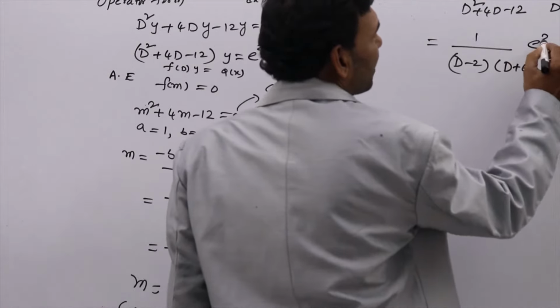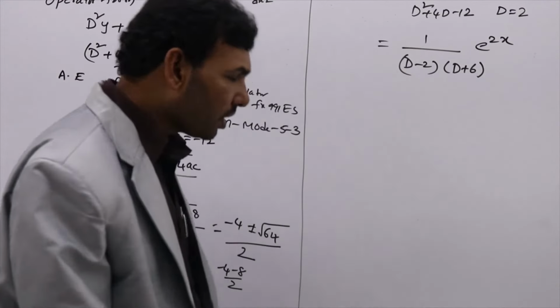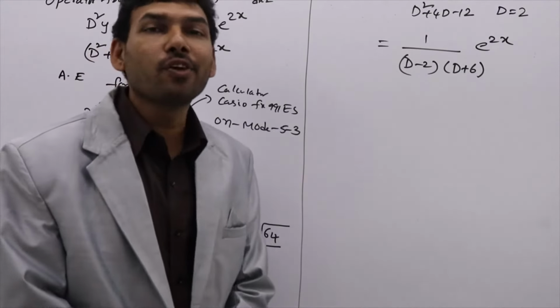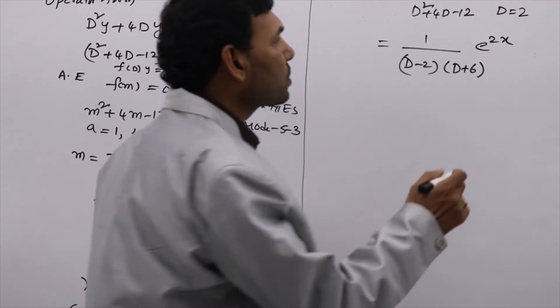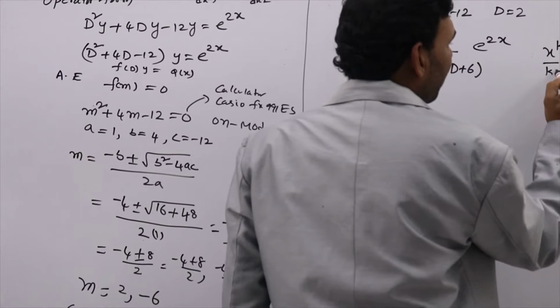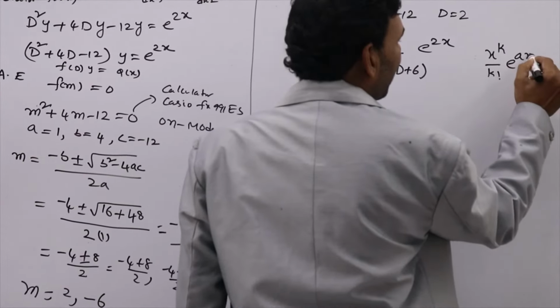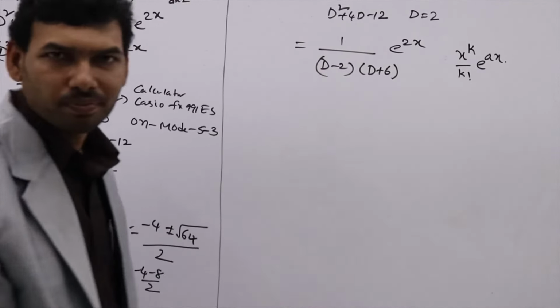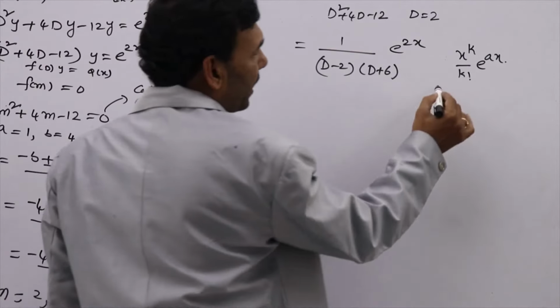E power 2x is there. I said, when we replace d by a, if we get 0, use the formula. What is that formula? X power k by k factorial into e power ax. What I said about k?